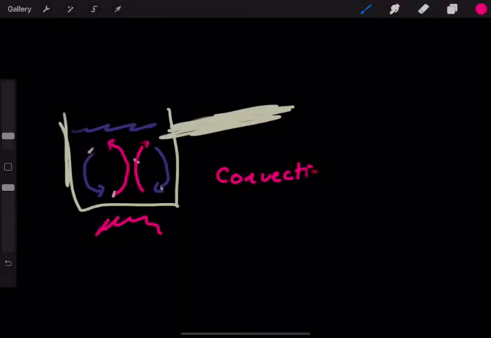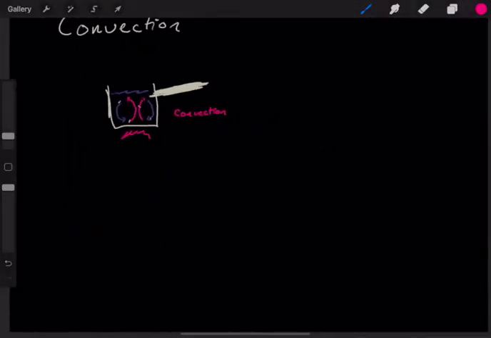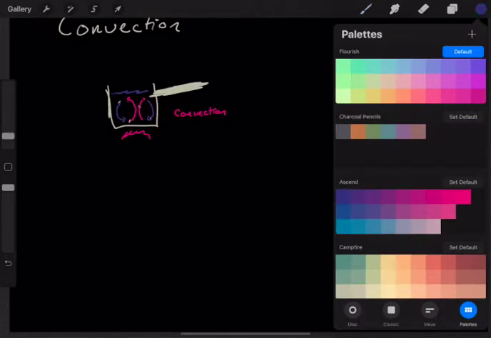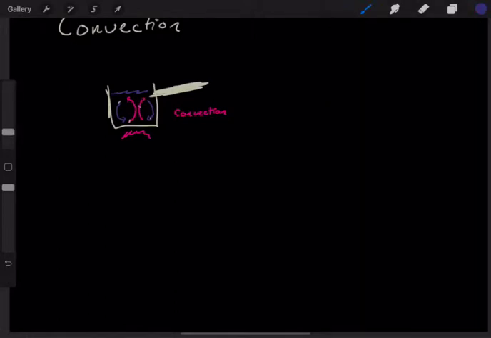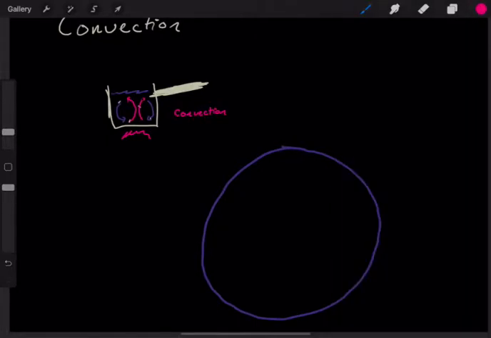And the same process is happening inside of the Earth. I'm going to draw the Earth now. Here's our planet. We're going to talk about these layers a little bit later, but inside of our planet we've got a core, and it's very hot.